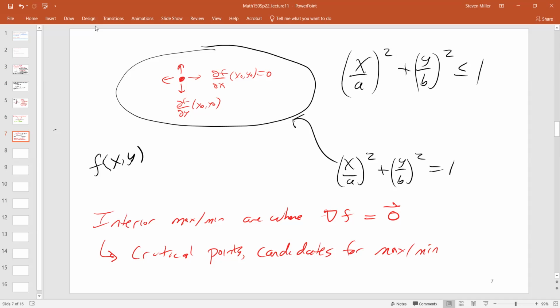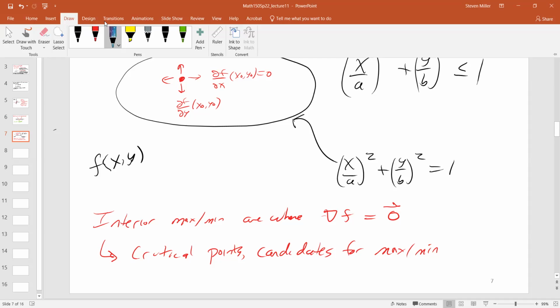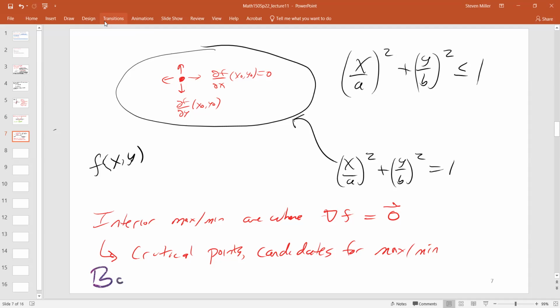Okay, and then there's the boundary. What do you think about the boundary? It's much harder. Why is the boundary harder? The boundary wasn't a big deal in one dimension. What's the problem?